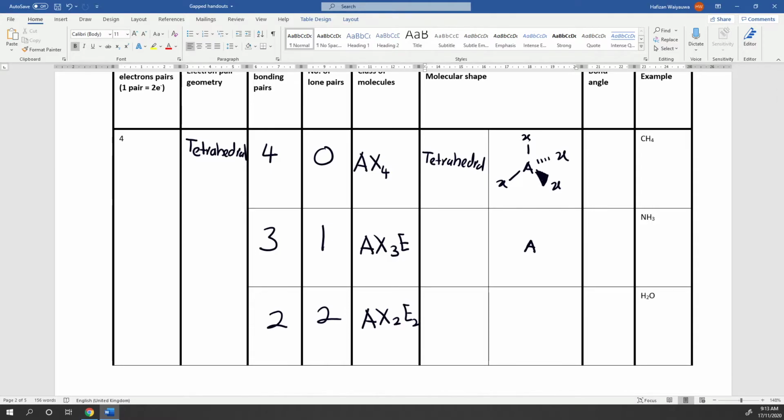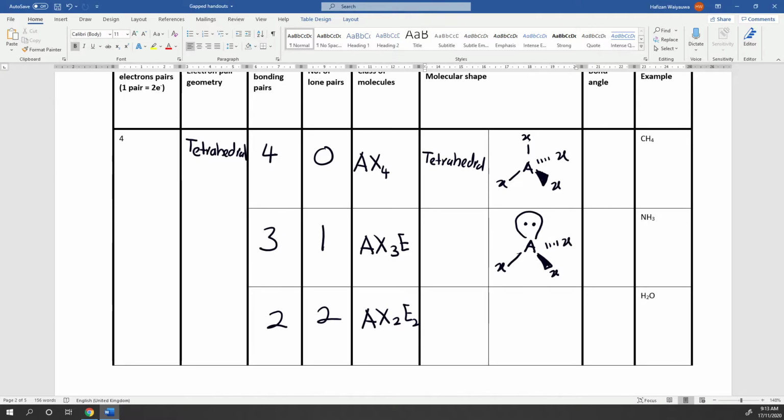So usually kita akan replace the atas sebab it's easier for us untuk lukis. So kalau you tengok, this X and the lone pair still in the same plane kan? Only these 2 are out of plane. Satu depan, satu belakang.